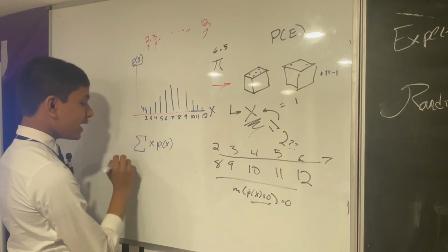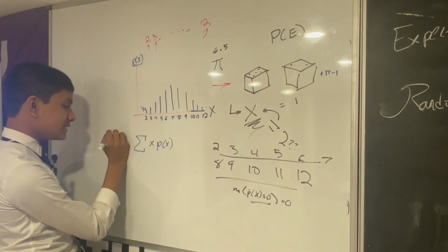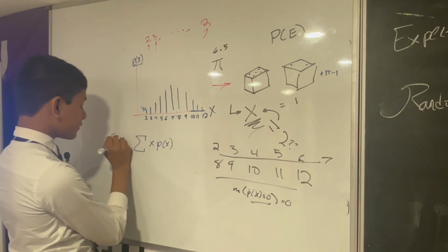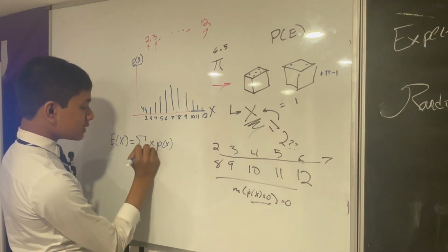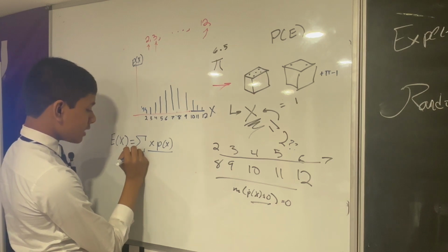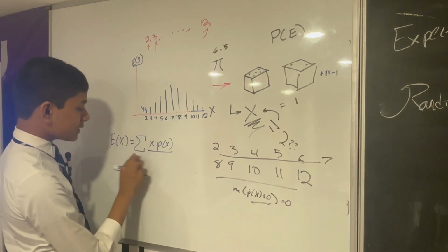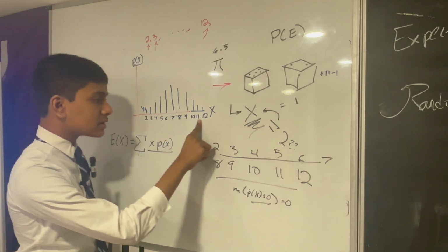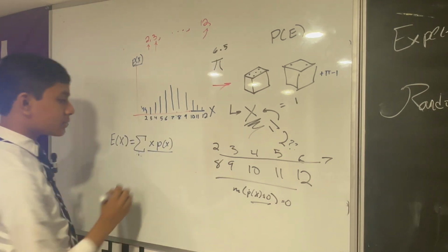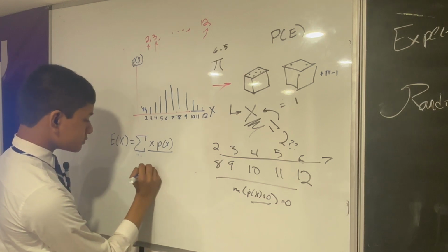But for right now, the expectation value of a random variable x is equal to the sum of x times p of x for all possibilities that x can have. Here, there are 11 possible values that x can take up.